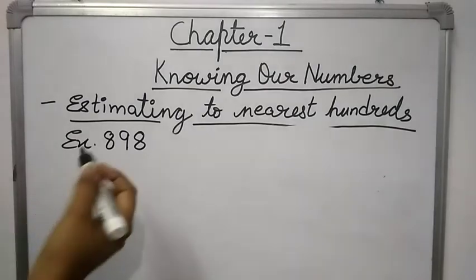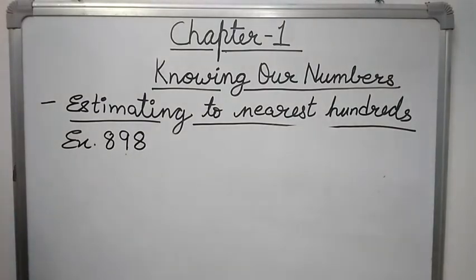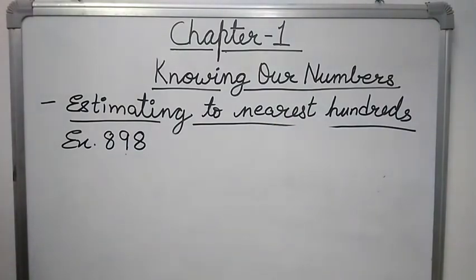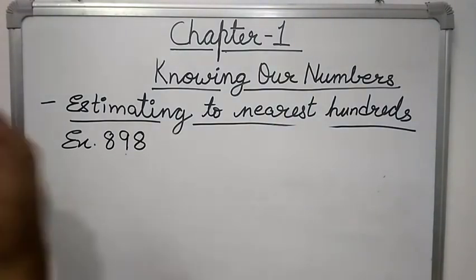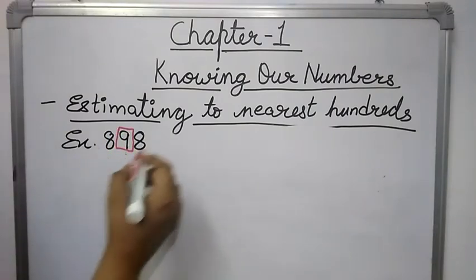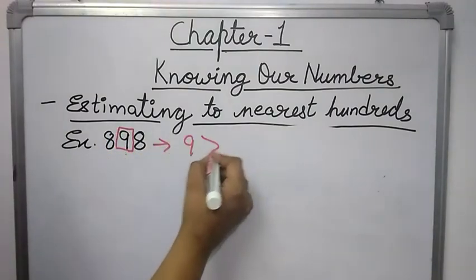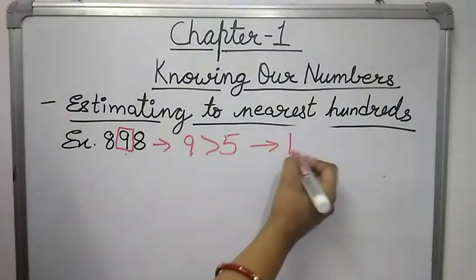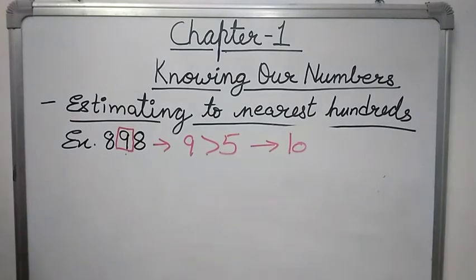Another example, 898. We need to estimate to nearest hundreds. So we will look at the digit which is at tens place. So this 9 is at tens place. This 9 is greater than 5. So this 9 will be estimated to 10.